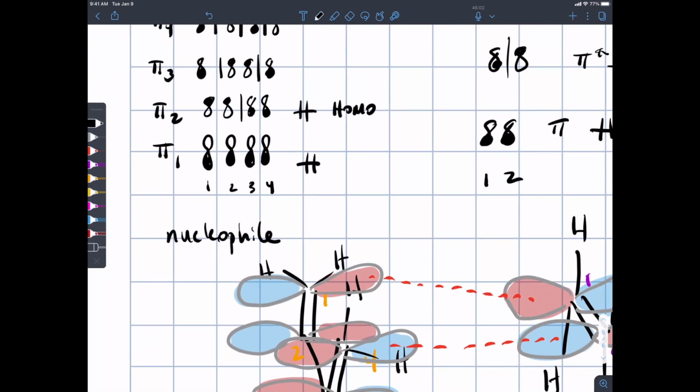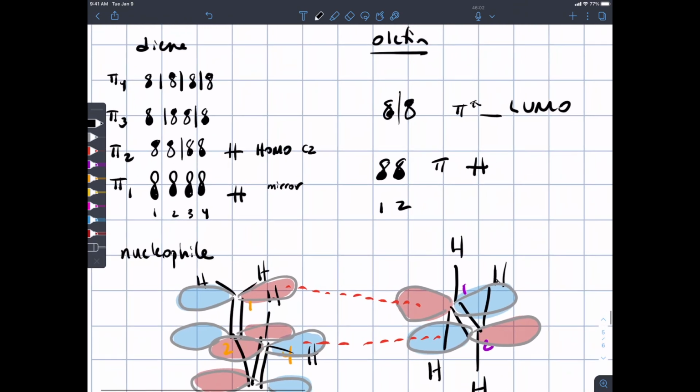Briefly, you could see that the pi1 has mirror symmetry, whereas the pi2 has what's called C2 symmetry. C2 is 180 degree steering wheel action. Grab either end of the molecule and then spin it 180 degrees and you get the same thing. So you can see that if we spin this orbital 180 degrees, you would get exactly the same thing.